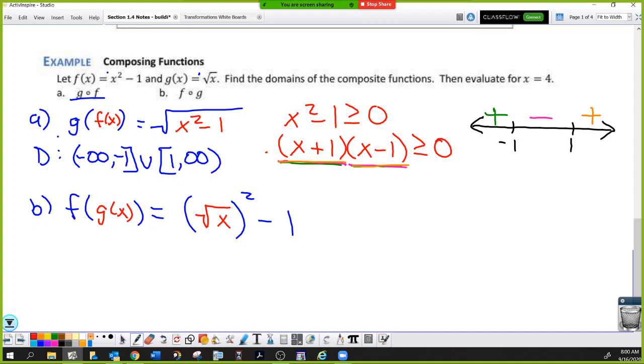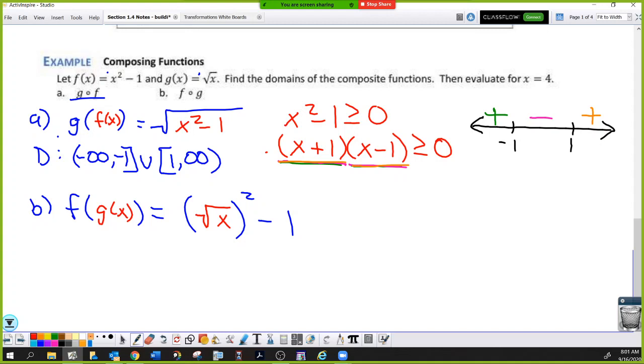You decide what the domain is before you clean it up. In the last little section above, we had a result of x minus 1, or plus 1, or something like that, but the domain was not all real numbers, because the domain is determined before you simplify. So this is where you figure out your domain.